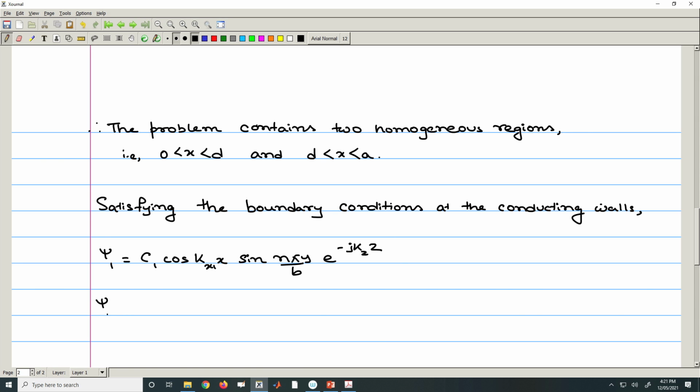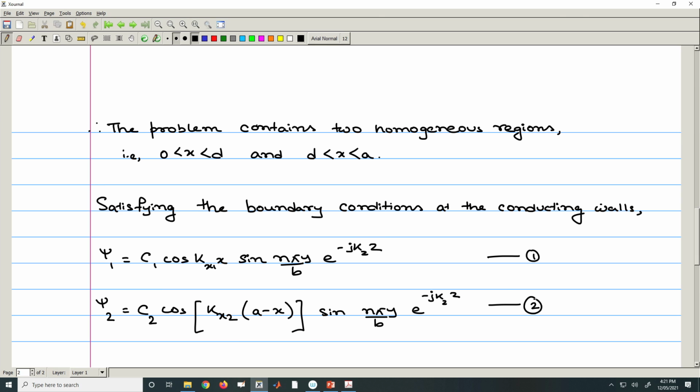The second one, psi 2, is C2 cos of kx2 times a minus x, sin of n pi y by b, e to the power minus j kz z, with n equals 1, 2, 3 and so on.